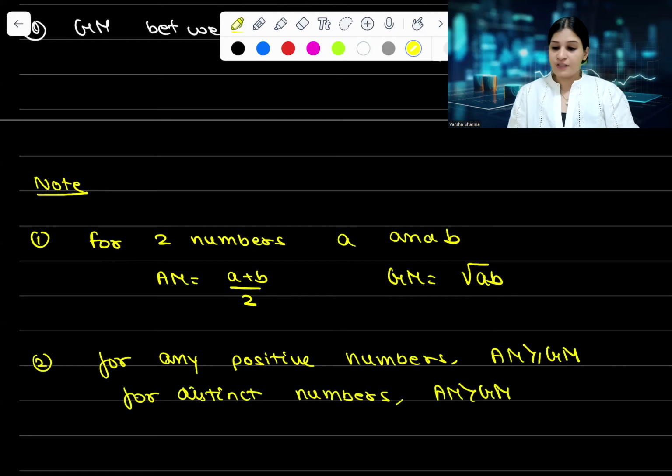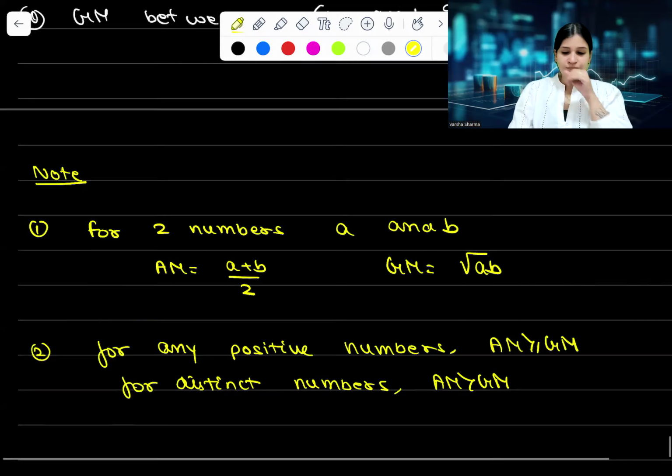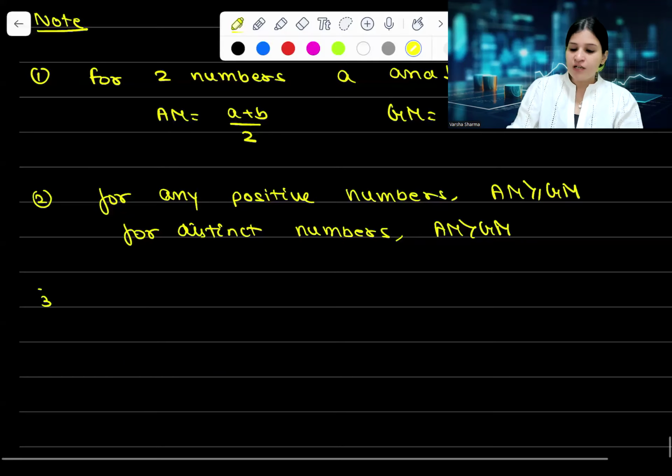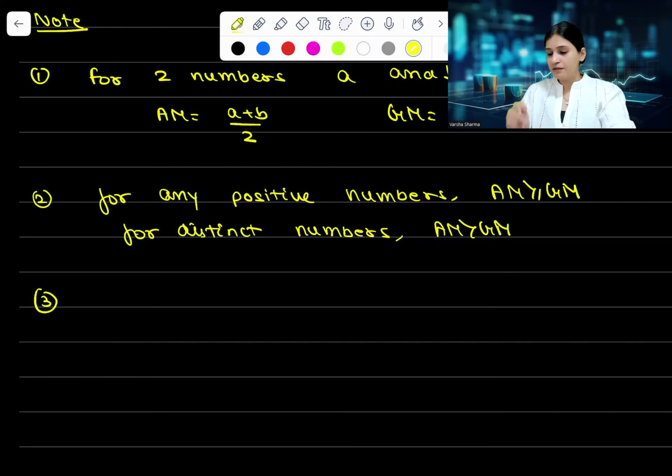Clear? Now, there will be certain sums where both AM and GM will be there. You either will be asked to find out the numbers or you will be asked to find the ratio, something or the other. Every single sum which will have both AM and GM, we will use a formula of algebra.